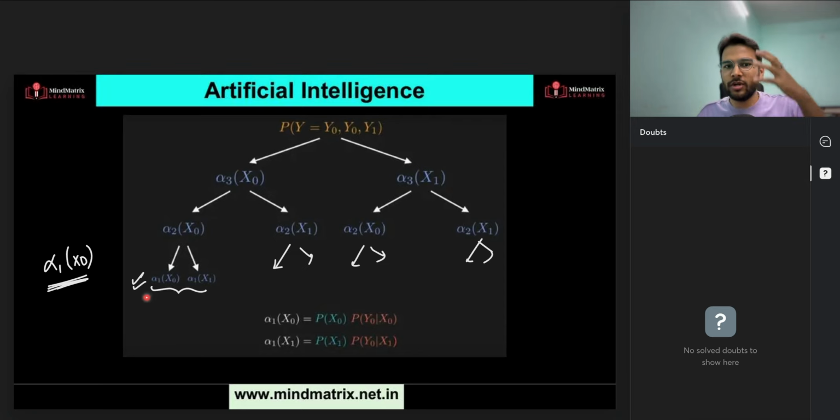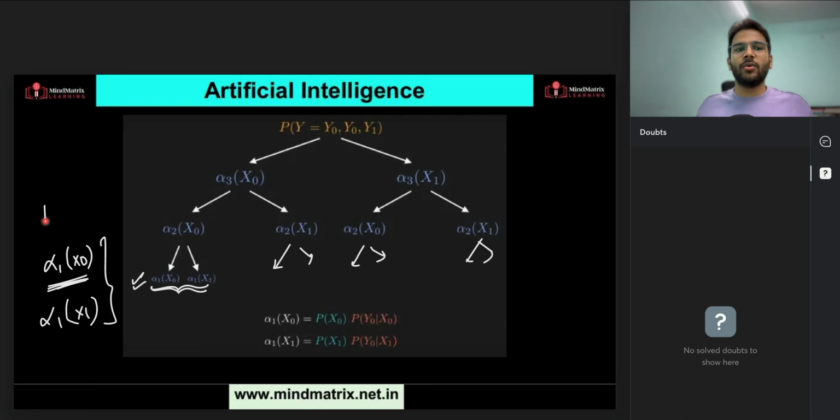So here also you have to stop somewhere, right? So something should be your base condition. Once you reach this level, you cannot further divide it because that is not possible, right? So alpha 1 of x0 and alpha 1 of x1, these are the base conditions that you have.